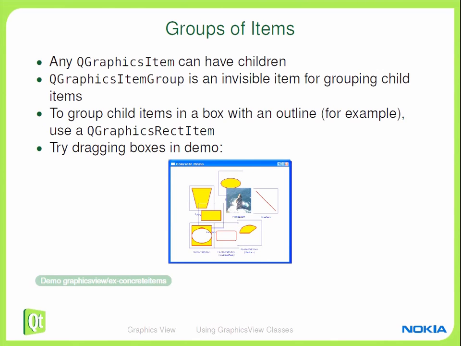But you can also set another item to be a parent of some graphics item. In this case, they are grouped. And if you enable or disable the parent, or you move the parent, all its children will be moved along. So this allows you to make compound graphical items from existing objects.